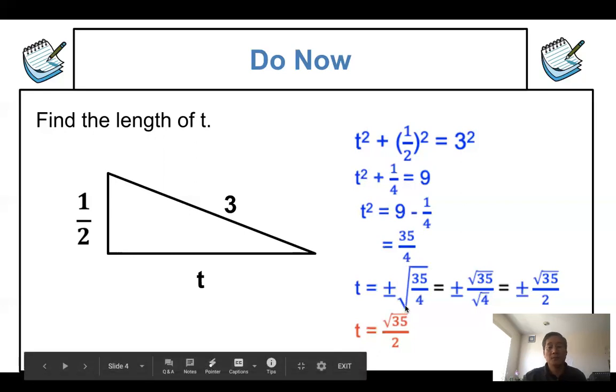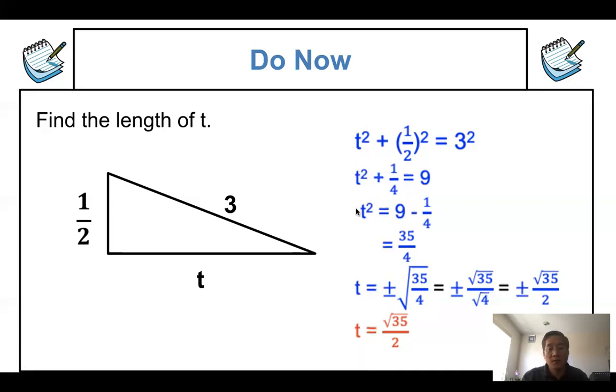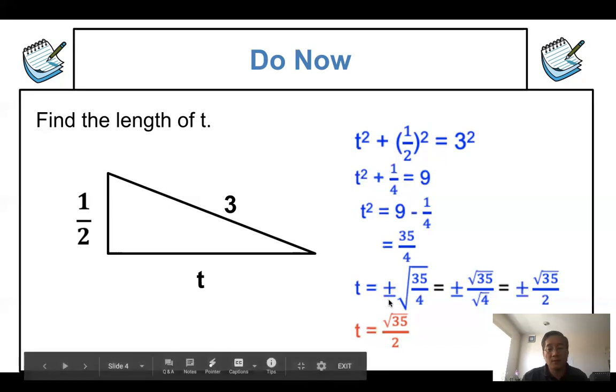But we learned that when you have a variable squared, it gives you two answers, plus and minus, right? So plus and minus. So you simplify. If this is a fraction, you can separate it into two fractions, numerator and denominator.